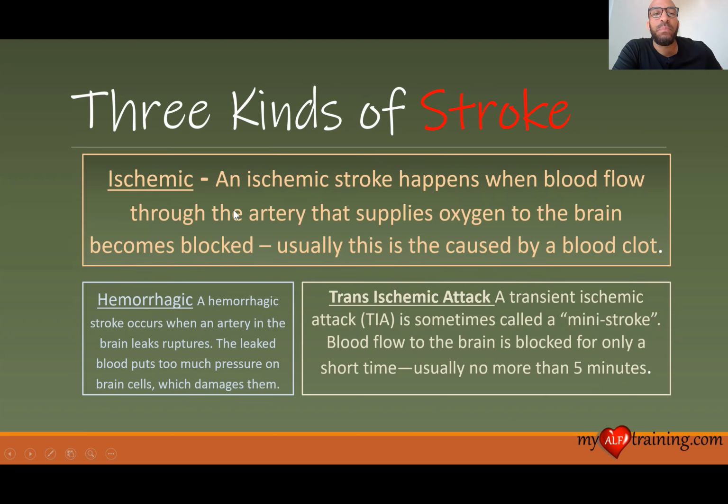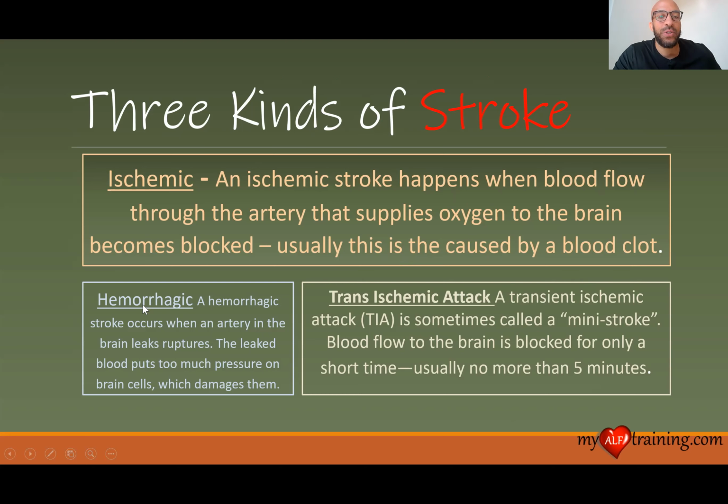And this happens when blood flow through the artery that supplies oxygen to the brain becomes blocked. So that's what we talked about in the previous slide, where a stroke is caused by either a blockage or a complete rupture of a blood vessel. An ischemic stroke is caused by a blockage of blood flow to the brain, usually by a blood clot.